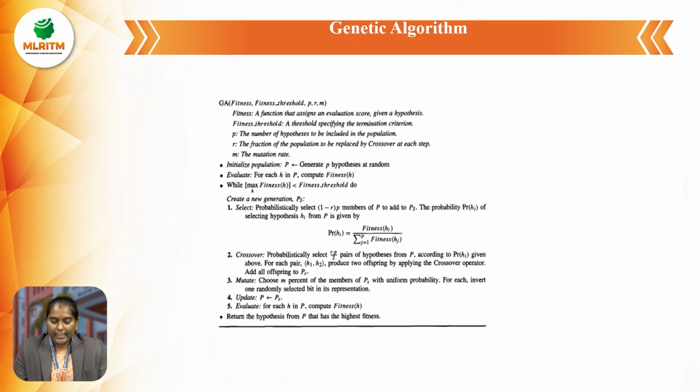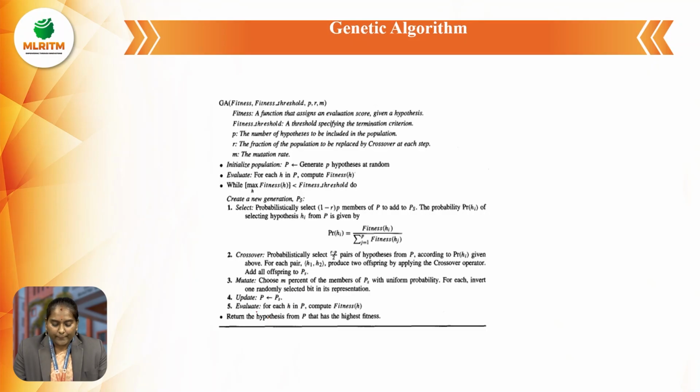For each pair h1, h2, produce two offspring by applying the crossover operator. Add all offspring to Ps. Next, mutate: choose m% of the members of Ps with uniform probability. For each, invert one randomly selected bit in its representation.